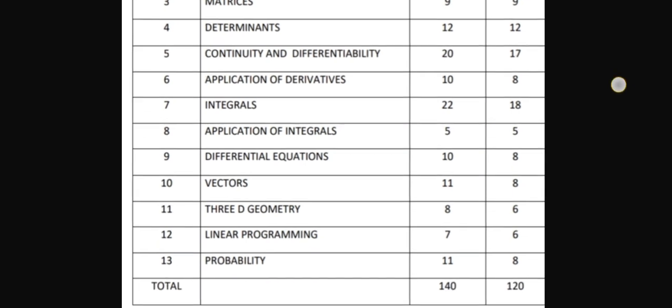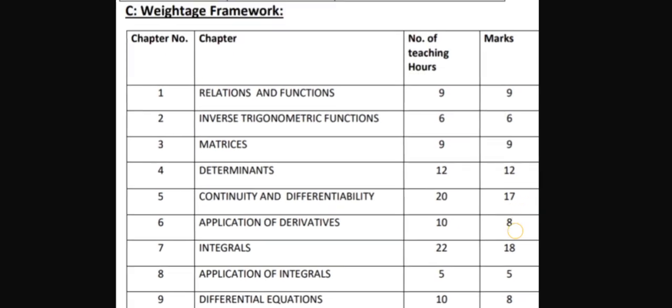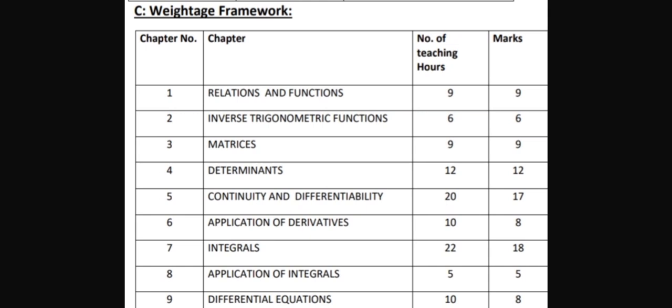Then the 11th chapter, 3D geometry, carries 6 marks. The most important and easiest concept, linear programming. From this chapter we expect 6 marks. Again the last concept, probability, carries 8 marks. Here we checked the weightage of each chapter.